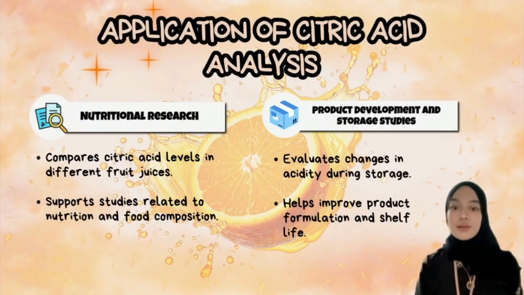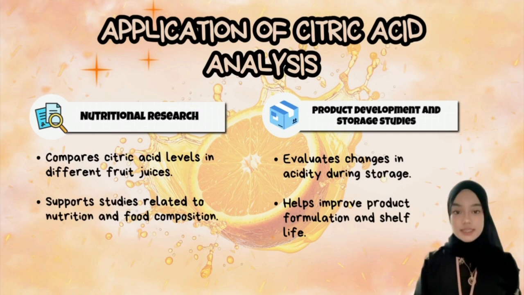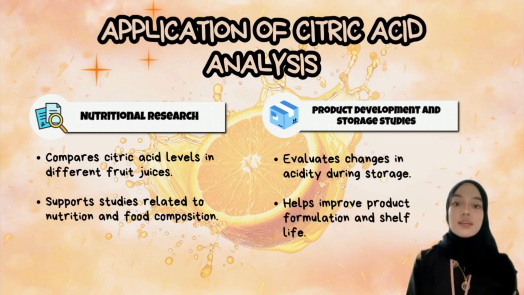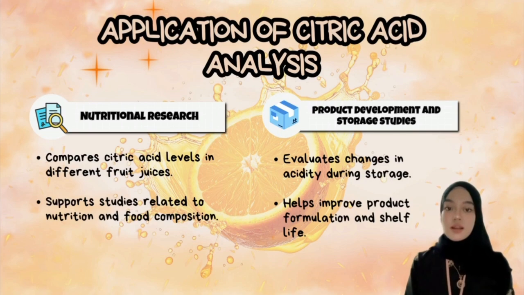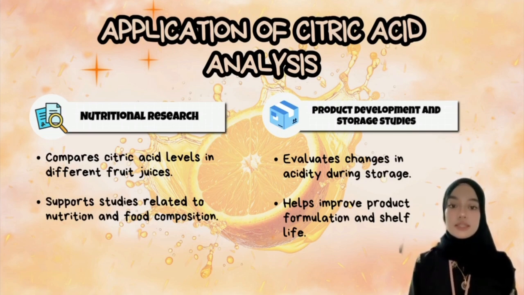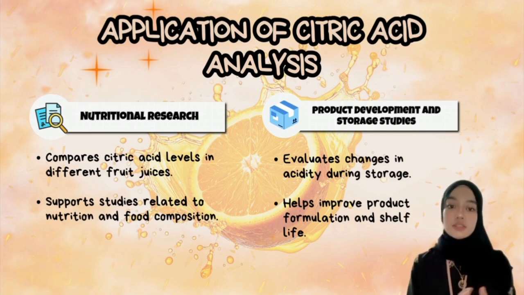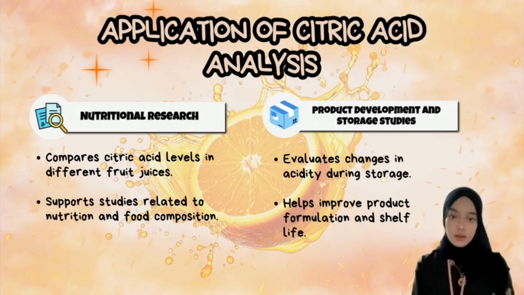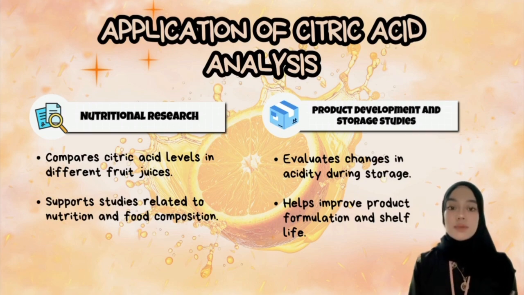Okay, let's continue about the application of citric acid. Citric acid analysis is also important in nutritional research. Researchers use this method to compare the citric acid levels in different fruit juice and study their nutritional properties. Furthermore, acid-base titration is useful in product development and storage studies.